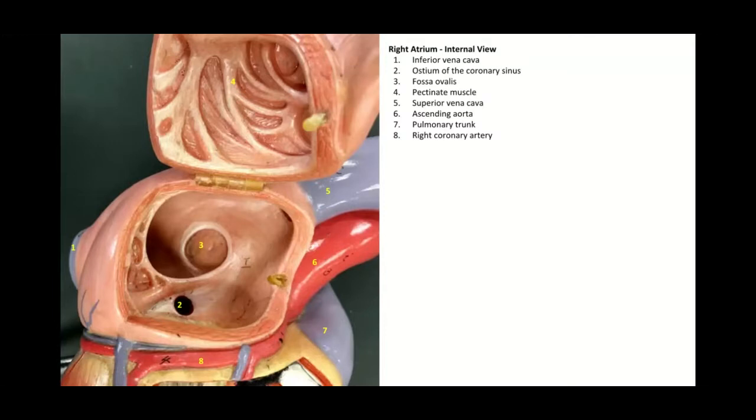This opening is open when we were in our mother's body, in our mother's uterus, at the time of the fetal period. Because we don't have any respiration at that time, the blood in the right atrium can easily go to the left atrium through this opening.